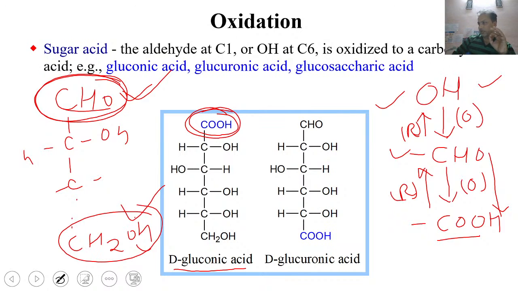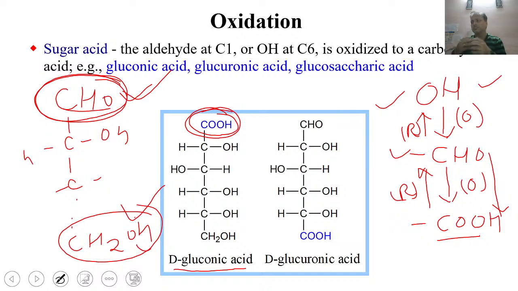I will repeat it, Tanuja. This is my carbohydrate structure. It has an aldehyde group at the first place, and at carbon number 2, 3, 4, 5 and 6 we have alcohols, either secondary or primary.